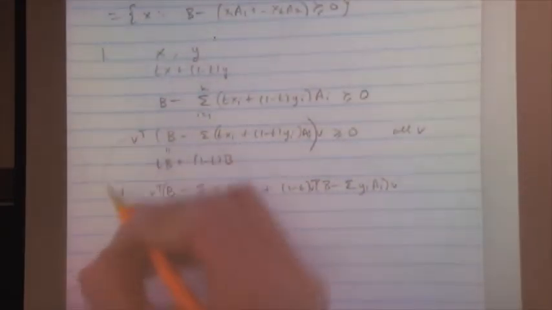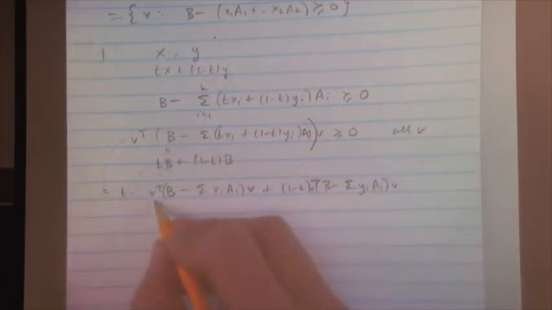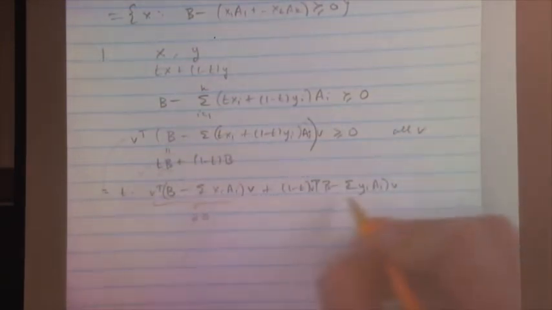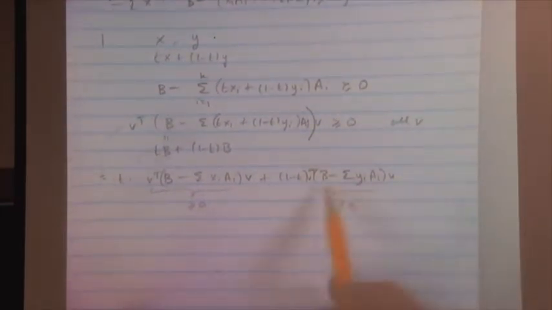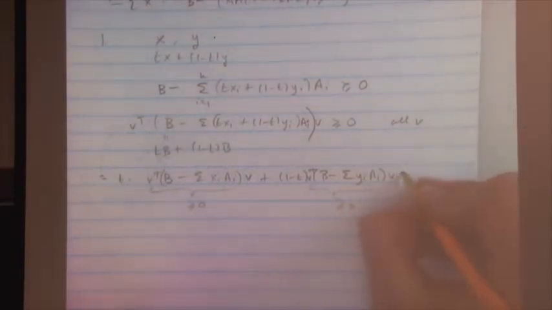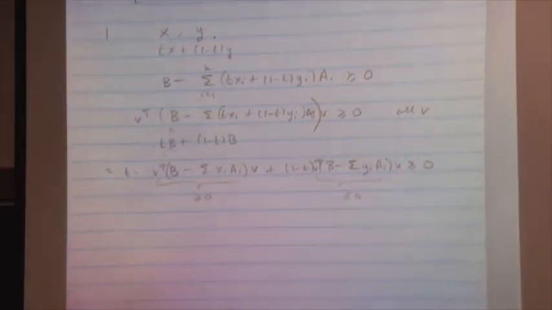That's exactly equal, and each of these terms is greater than or equal to 0, by the definition of this matrix being positive semi-definite by assumption, because x and y are in the set. All right, great. It followed from the definition.